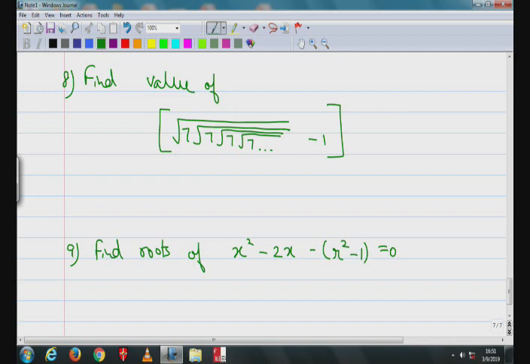Senapati, try to find the value for this expression 7, root 7, root 7, root 7.